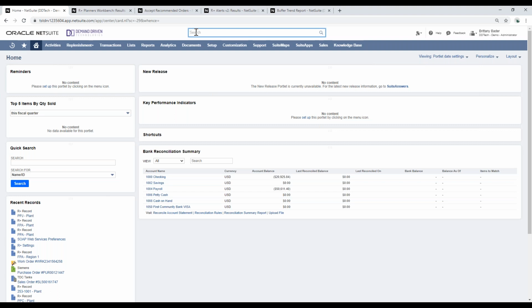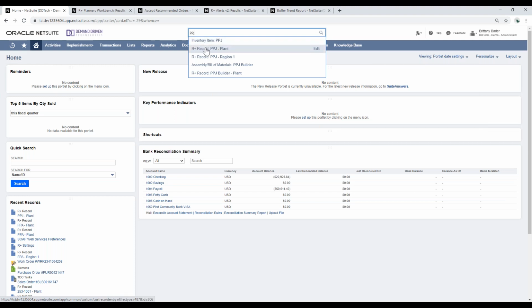So what I want to do is take a look at a part and show you what's going on in the system, how we can see that net flow and know that we need to reorder if we're taking a deep look at an item. This first item, this inventory item record, this would be your NetSuite item record.